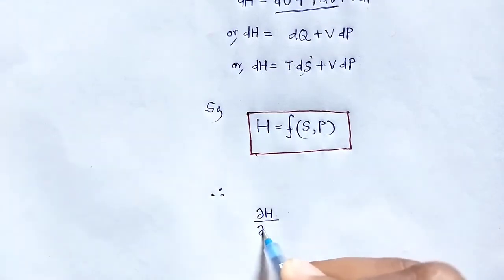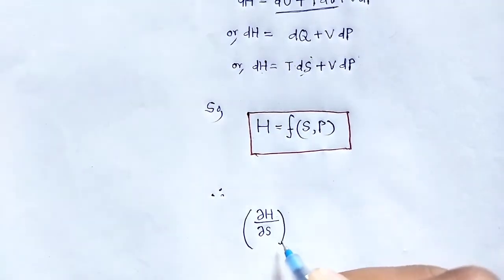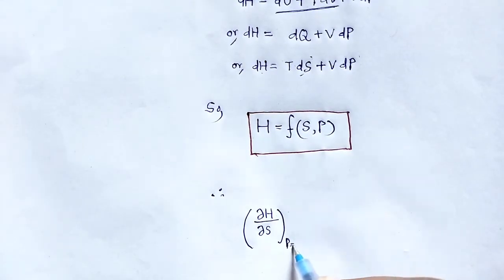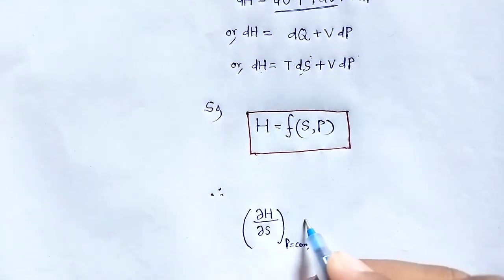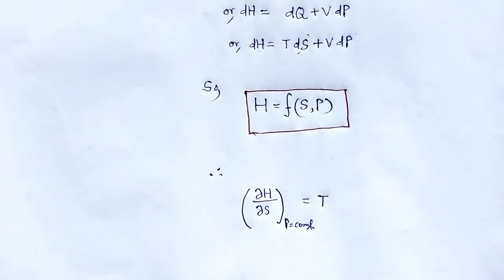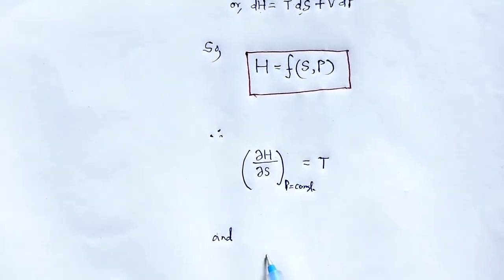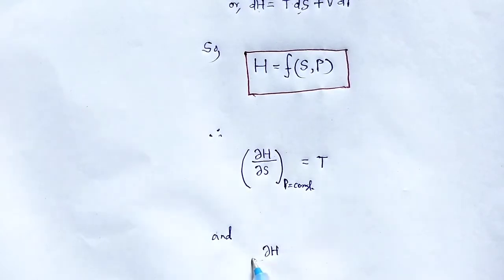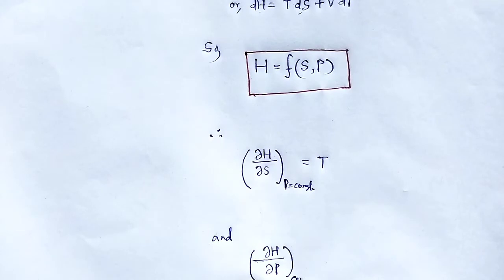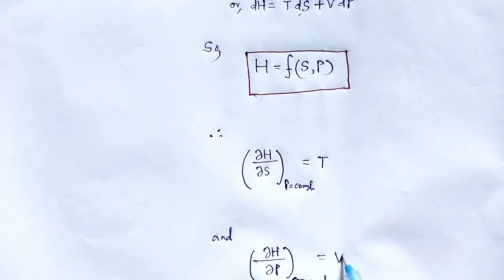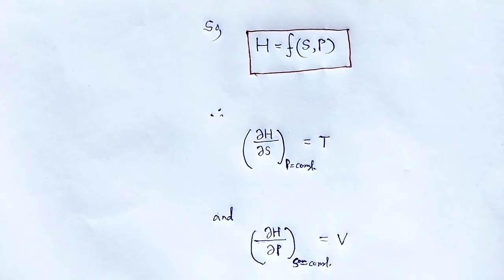Therefore we have two partial differentials, that is del H by del S at constant pressure, it will be temperature, and del H by del P at constant S, here entropy as constant, is known as volume.